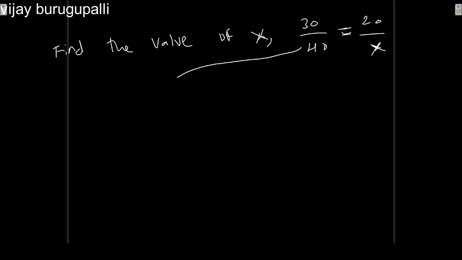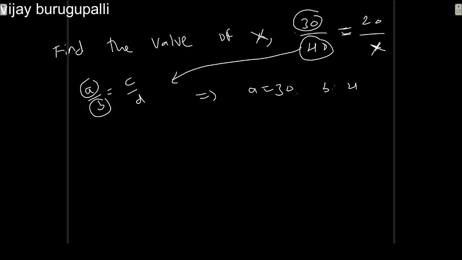Now let's compare this condition with our previous condition. The value of A is 30. The value of B is 40. The value of C is 20. And the value of D is unknown.